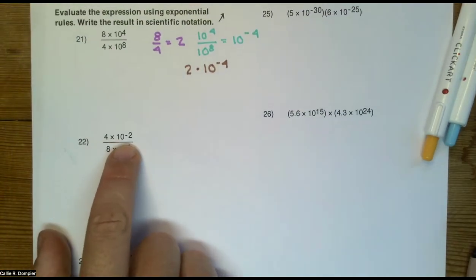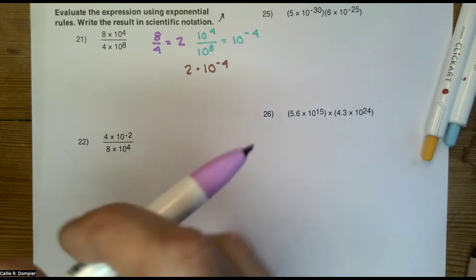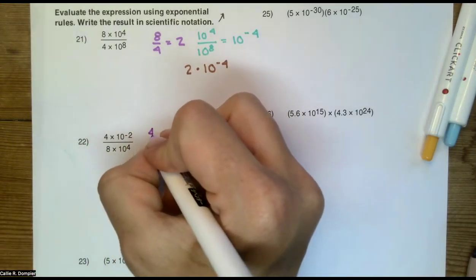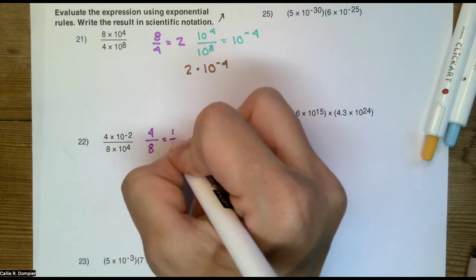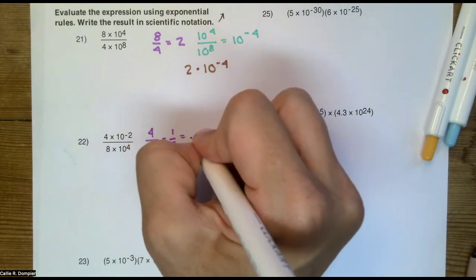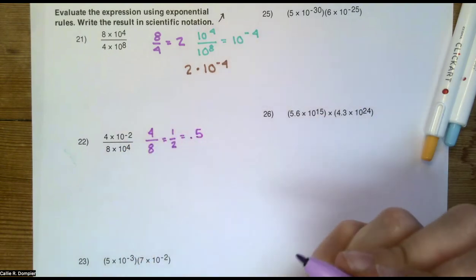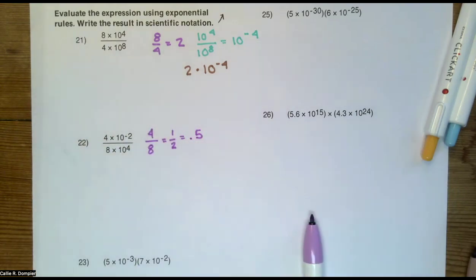4 times 10 to the negative second divided by 8 times 10 to the fourth. 4 divided by 8 is not as beautiful as 2. 4 divided by 8 just simplifies to 1/2. So we have 1/2, or what is 1/2 as a decimal? 0.5. So we have 0.5 for the integer part.